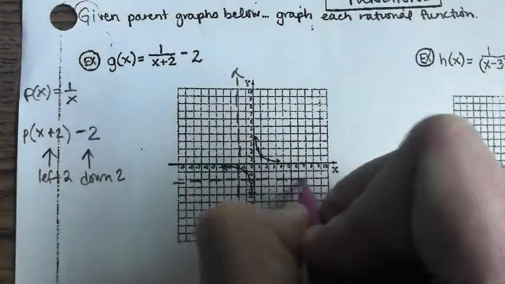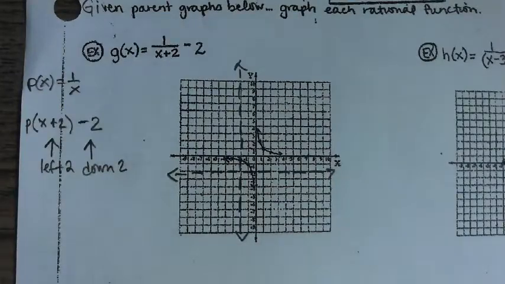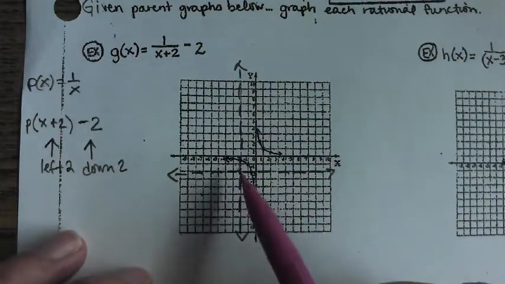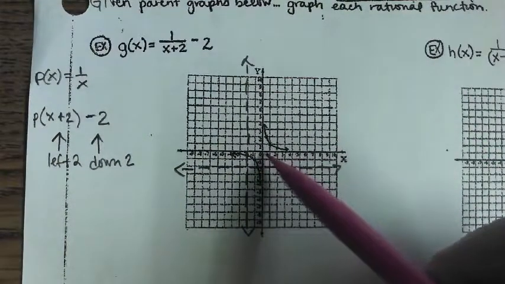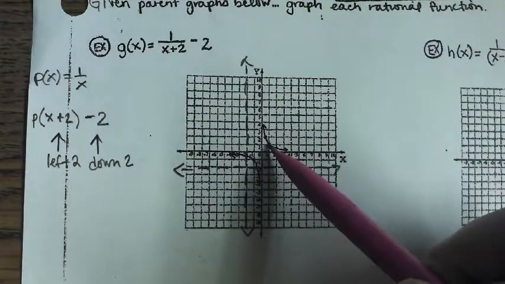So what it sort of gives us is a new set of X and Y axes, for lack of a better word. Like a new origin, our full origin got shifted, and there was no stretch or compression. Do you guys pick up on the fact that on the parent graph of a rational, you always have the point (1, 1)?